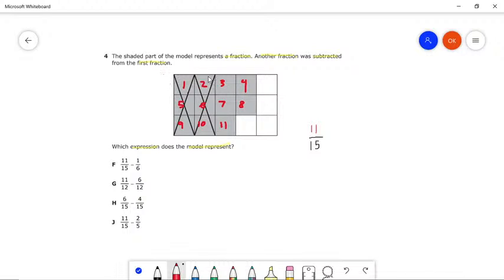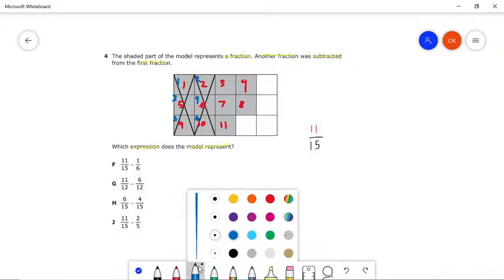And we see these crosses over here, so that must mean that this is the subtraction that occurred. So we see that the crosses cover 1, 2, 3, 4, 5, 6 squares.